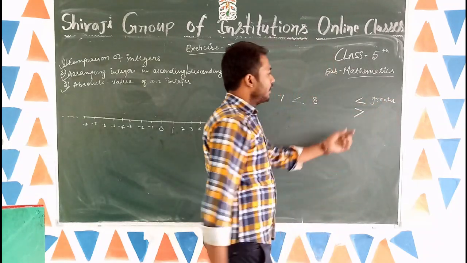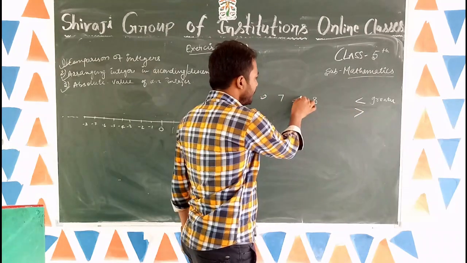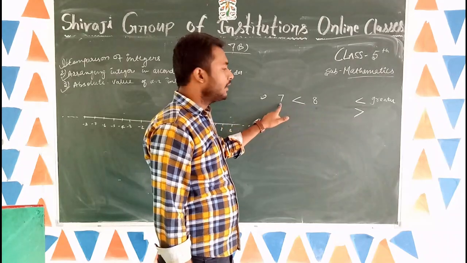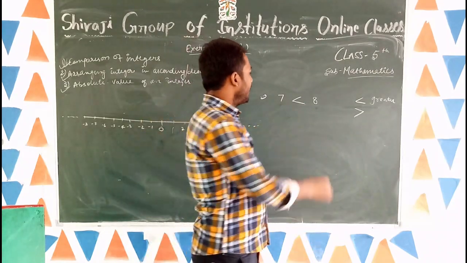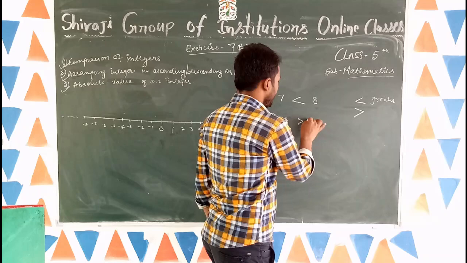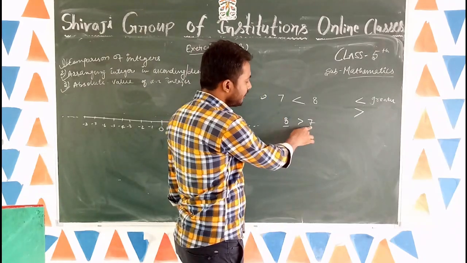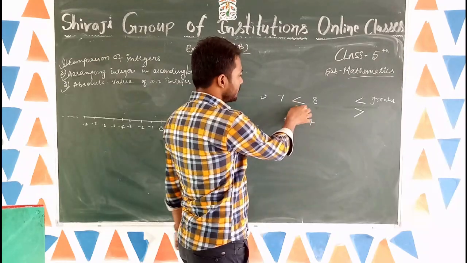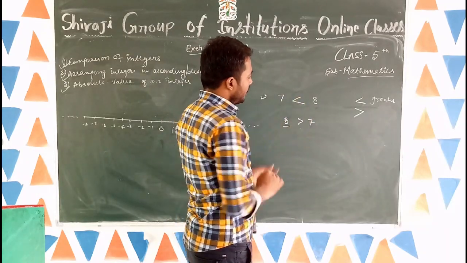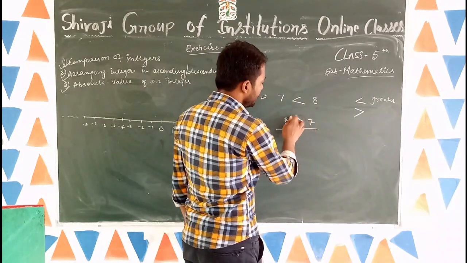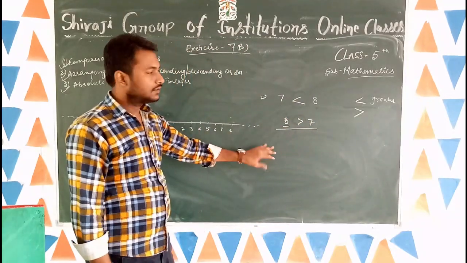If it is used between two numbers, then the number where its mouth is open is the greater number, and the other will be the smaller number. If this symbol is used, then 8 will be greater and 7 will be smaller. Nothing is opposite to this. So we will use this symbol between two numbers, students.